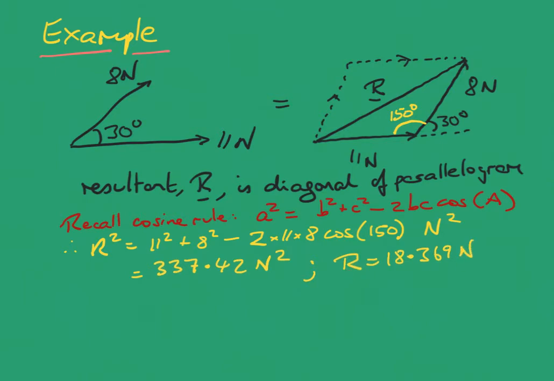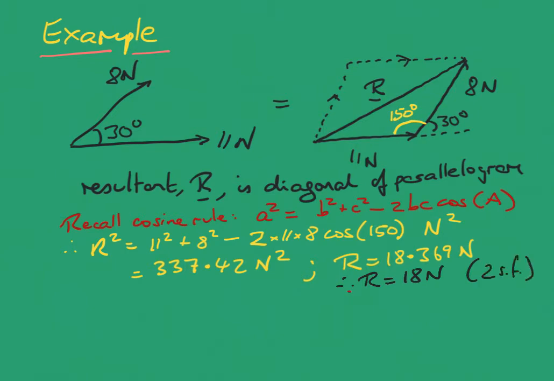Looking at this, this is under 400. The square root of 400 is 20, so we're expecting something less than 20. That makes sense. And when we take the square root, we also take the square root of the units, so it goes from newtons squared to newtons. And this tells us that to two significant figures, r is 18 newtons.